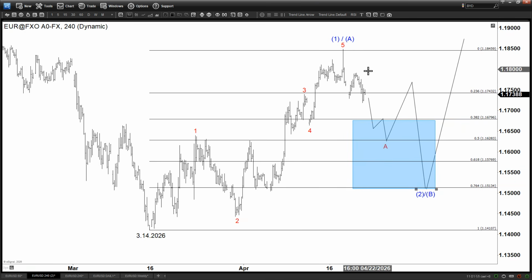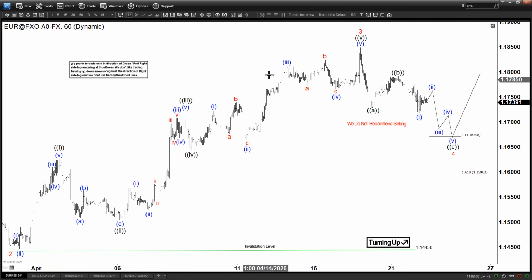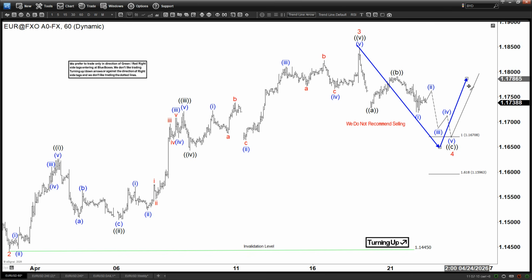The move down doesn't need to be in 5 waves, by the way. It still could be like this: W, ABC, X, another ABC, Y, right? So this pattern here is a little bit gentler, a gentler kind of correction.